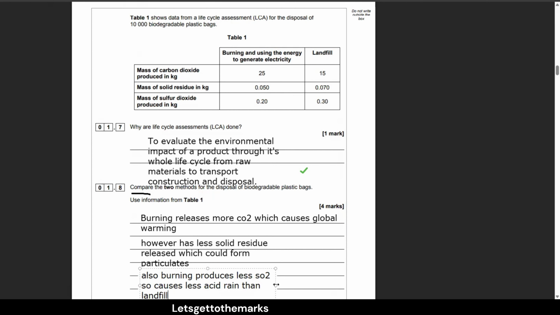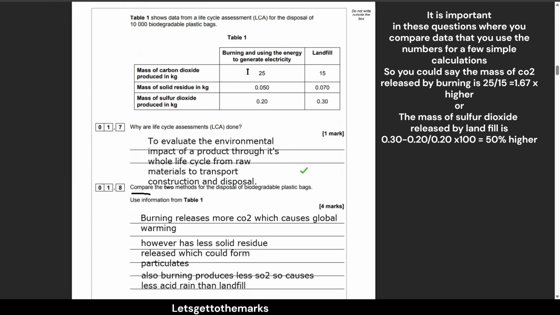So that's just using the information from table 1, straight up. We get more carbon dioxide produced, so that's worse for carbon dioxide, but it's better for solid residue and it's better for acid rain and sulfur dioxide. So let's give ourselves the marks and move on.